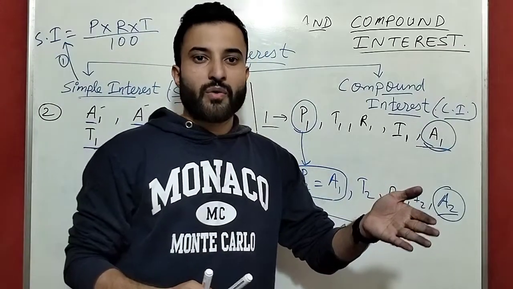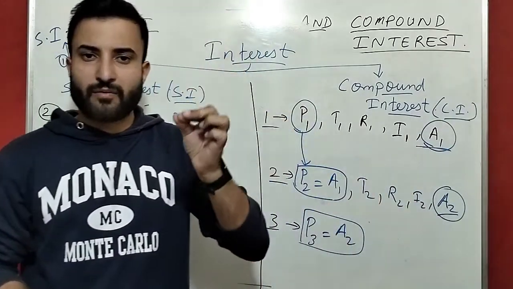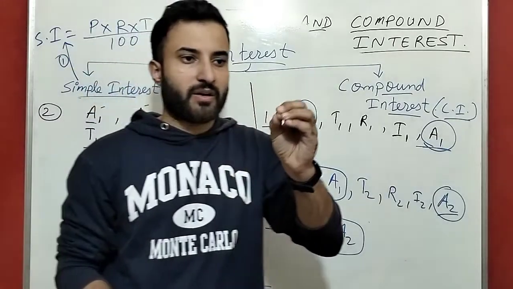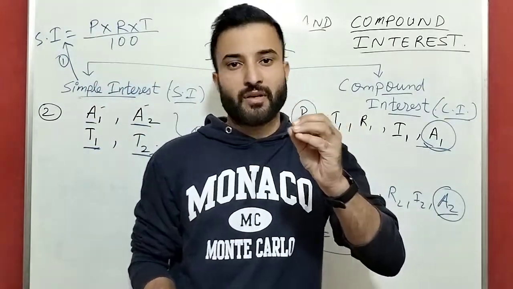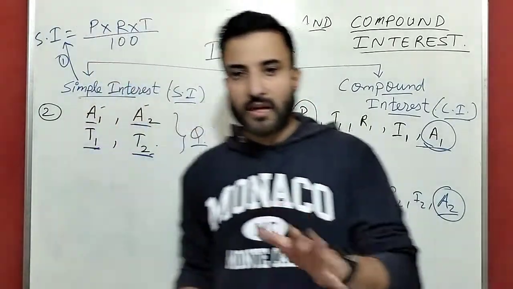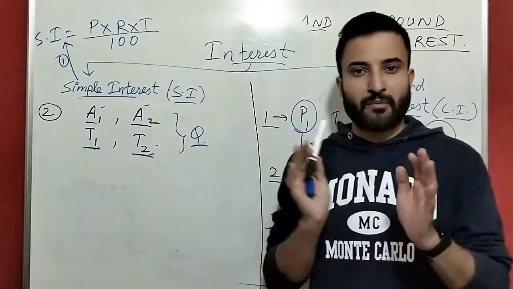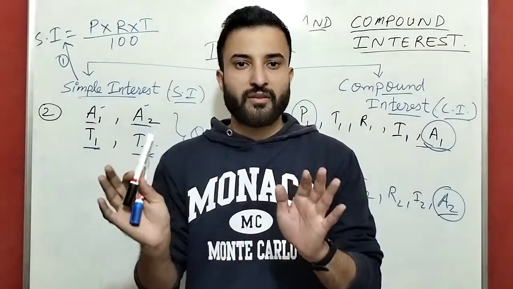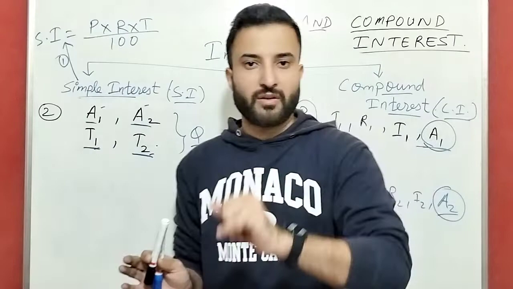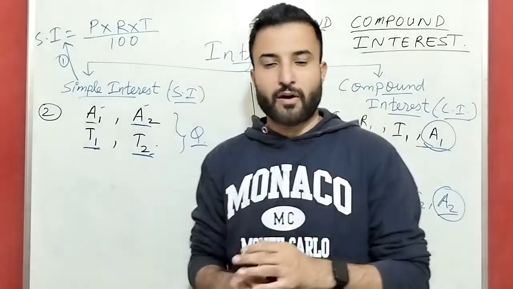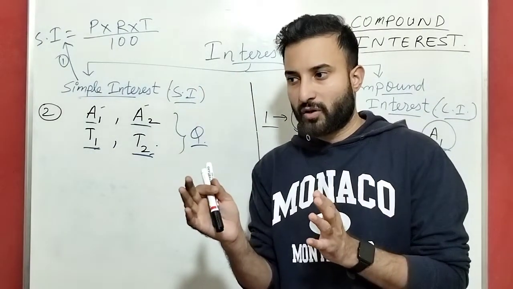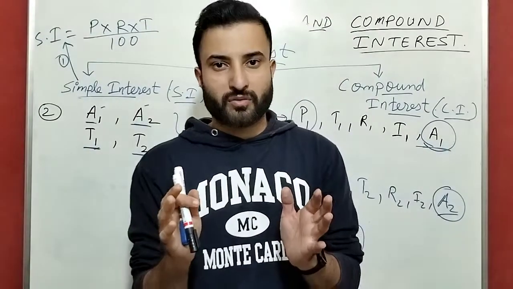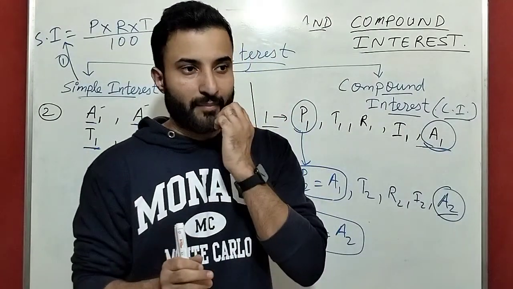In the next video we are going to do, as I have told you, 25-30 sums, almost 30 sums, from this chapter, simple interest and compound interest. These are all important from the examination point of view.